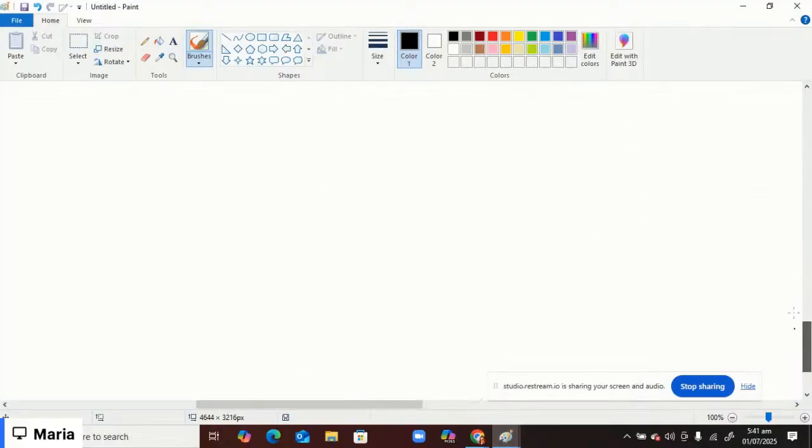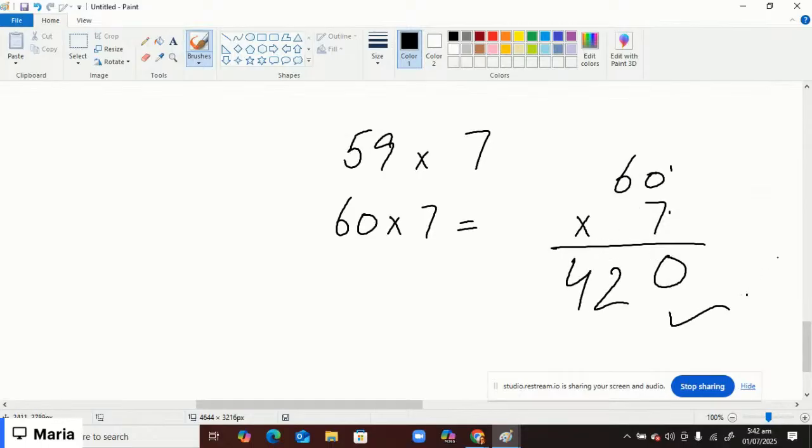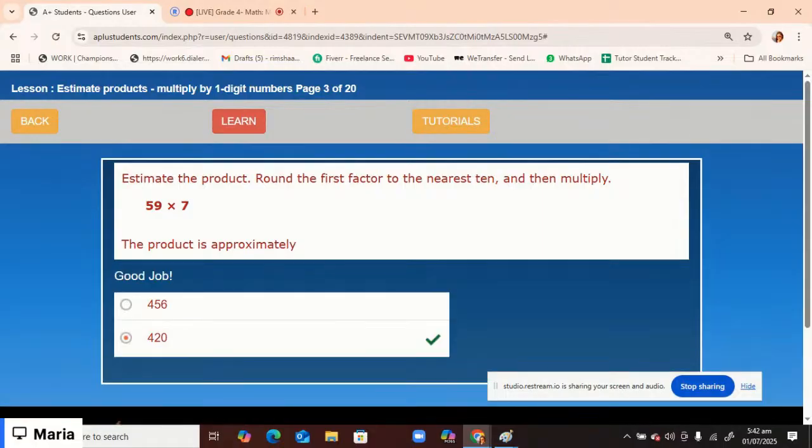So it can be rounded up. This is 59 times 7. 59 can be rounded to 60. 60 times 7. So what is the answer of 60 times 7? 7 times 0 is 0. 7 times 6 is 42. Okay, so 420. Let's see. This is the right answer.